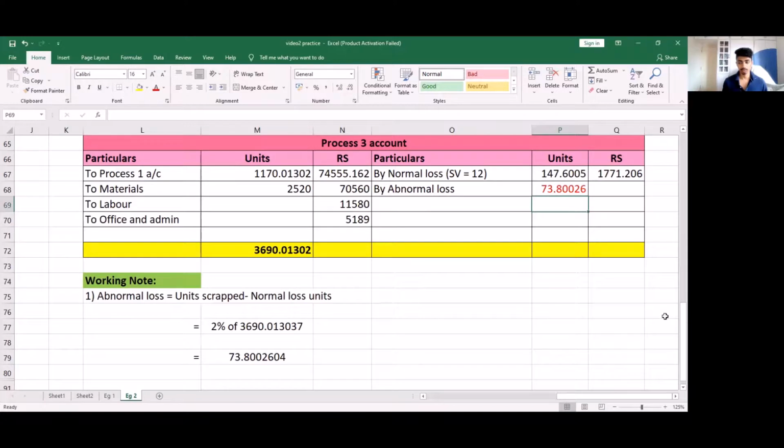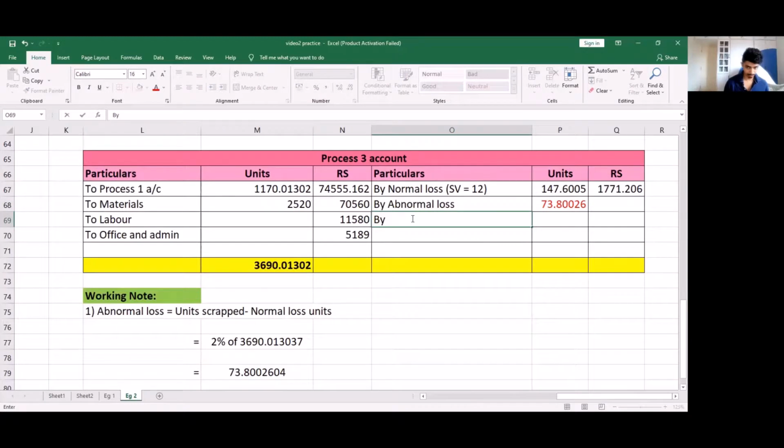Now in the third process, we don't have anything that is going to be transferred to the next process, but the entire is transferred to the warehouse for sale. So in this case, we will write only by costing P&L account.